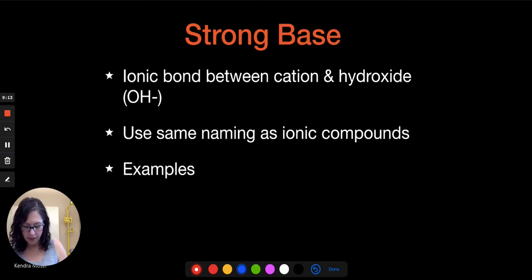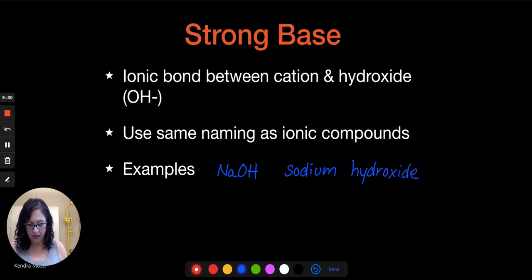And so say we had something like sodium hydroxide, NaOH, it's just sodium for the metal, and then hydroxide. Okay, that's the anion. Or say we had calcium hydroxide, Ca(OH)2 for the formula.